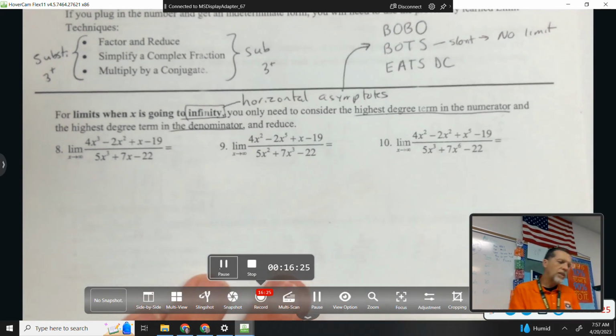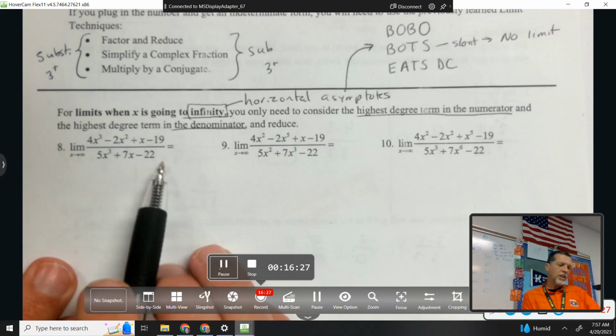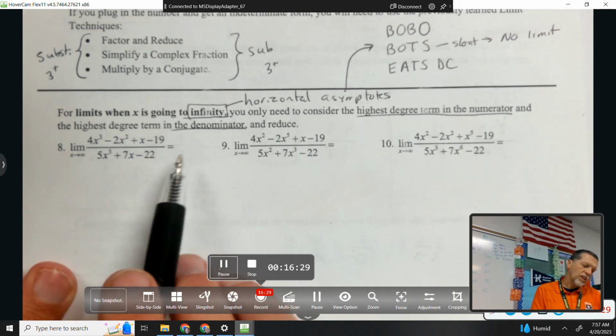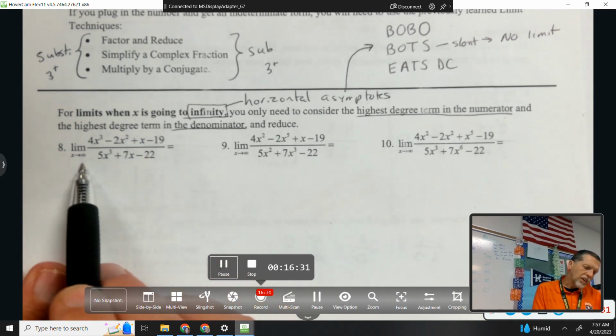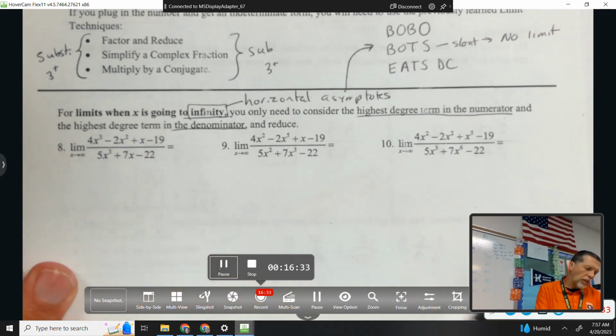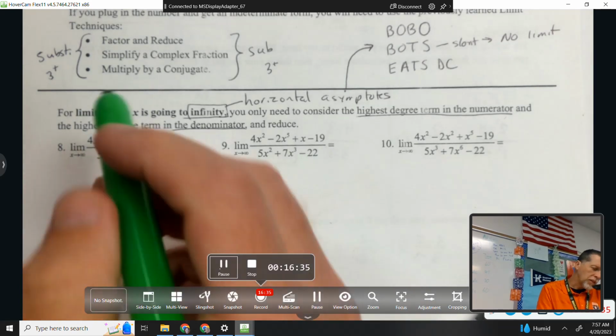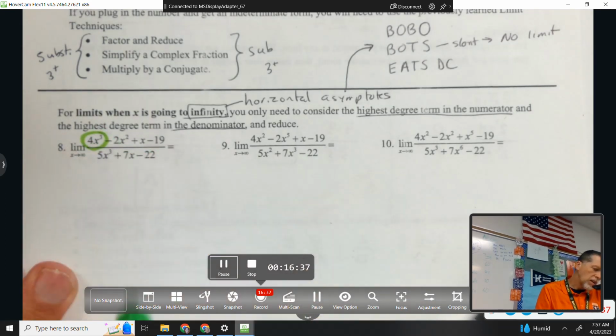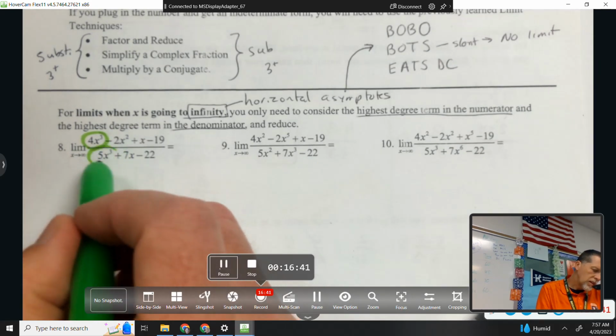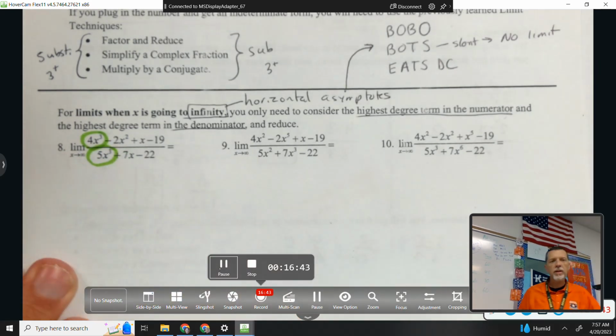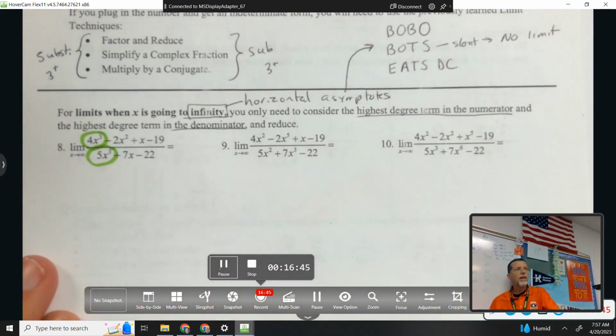You don't even have to remember that, because you can look at the equation, and as x goes to infinity, the most important term would be the one with the highest power. So that would be 4x cubed in the top, 5x cubed in the bottom. And if you're plugging in a gazillion, or really even if you're plugging in 10, the rest of those terms aren't going to matter a whole lot.